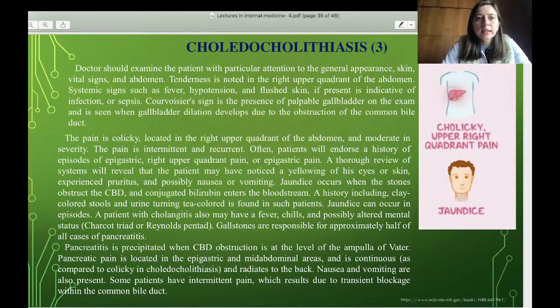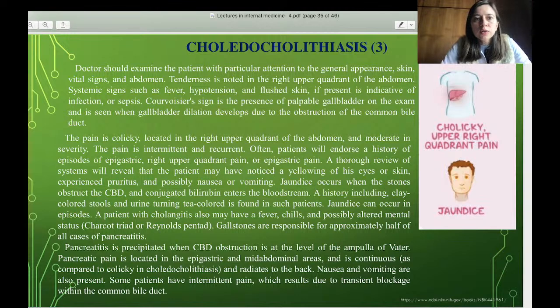The doctor should examine the patient with particular attention to the general appearance, skin, vital signs, and abdomen. Tenderness is noted in the right upper quadrant of the abdomen.